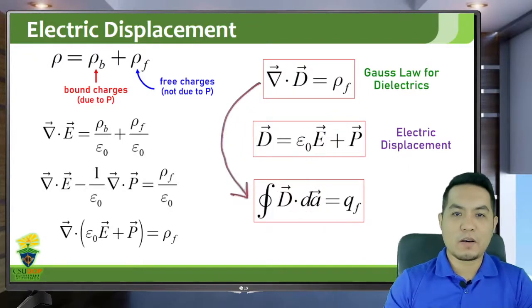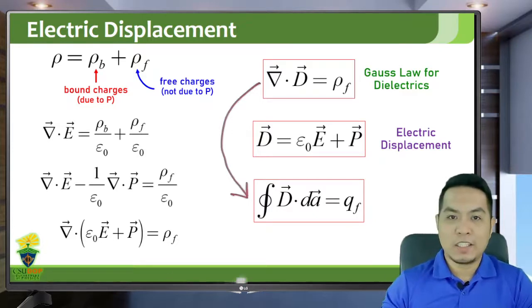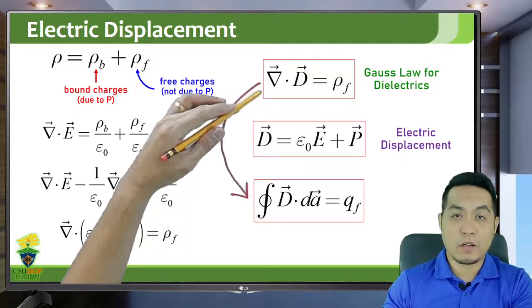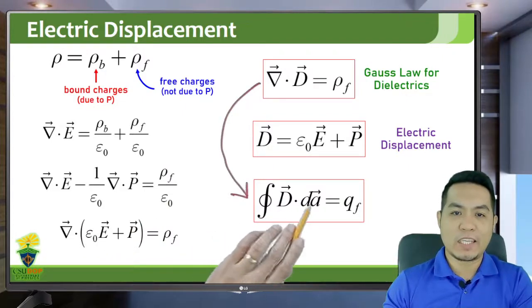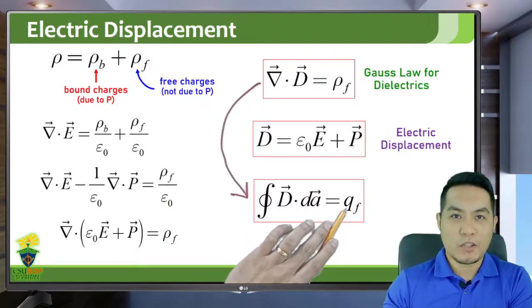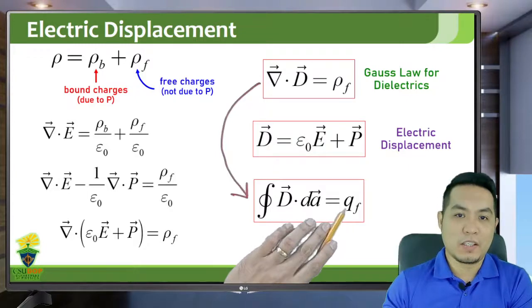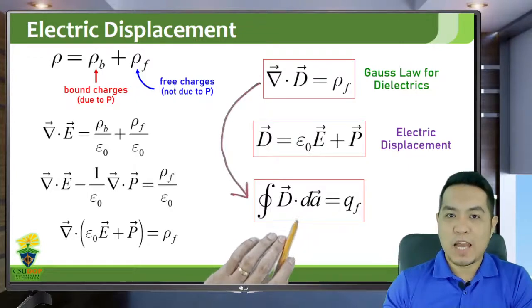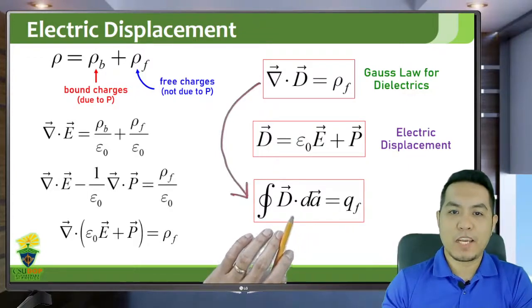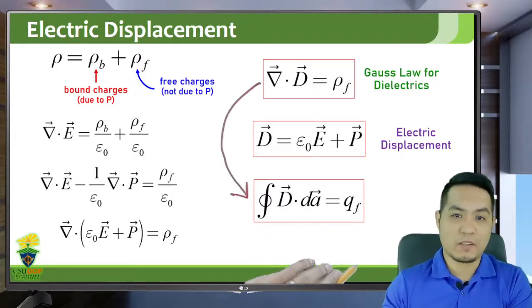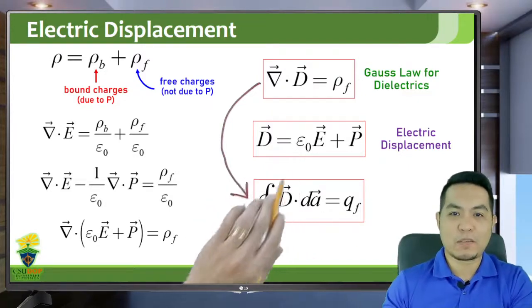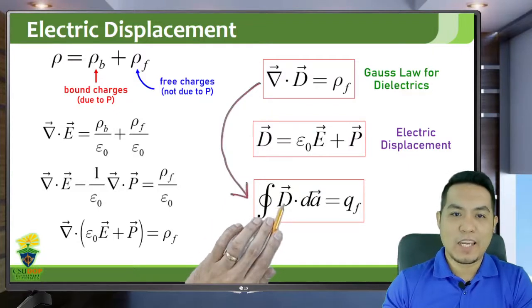In terms of an integral, using the divergence theorem, we can convert this to D dot dA is equal to the free charges enclosed. The analog of this in the original Gauss law is E dot dA is equal to Q enclosed over epsilon naught. But the permittivity epsilon naught is already within the electric displacement D.